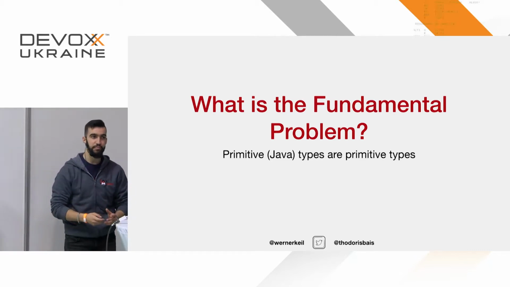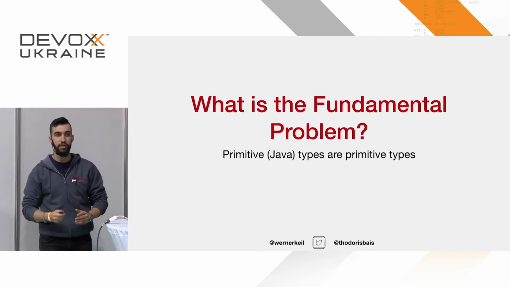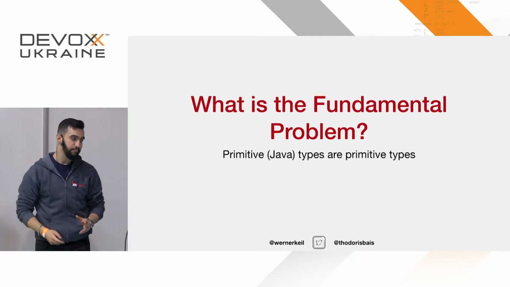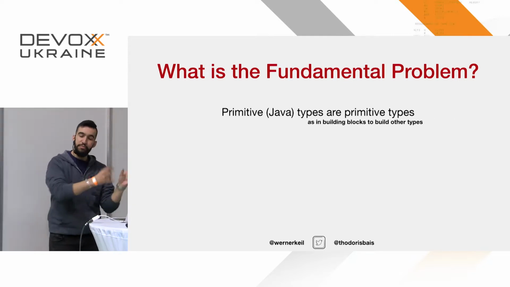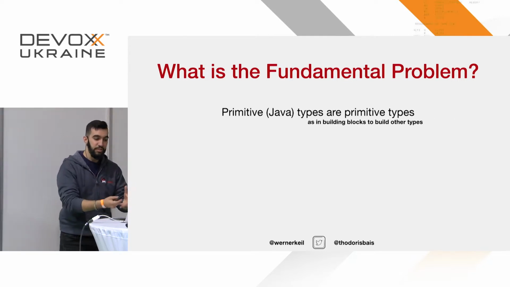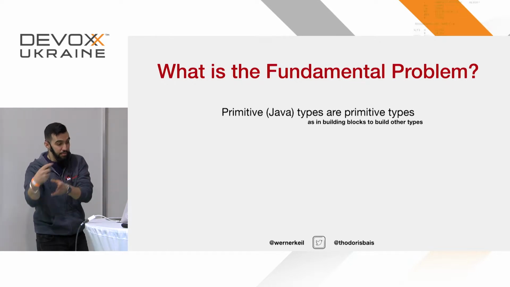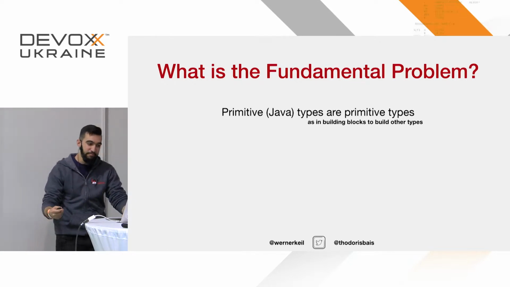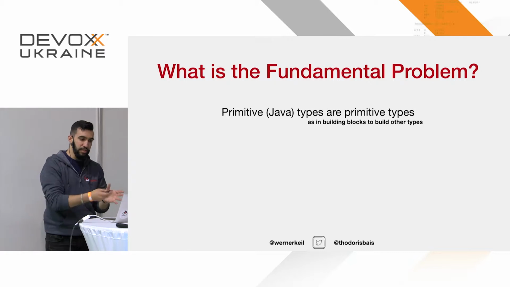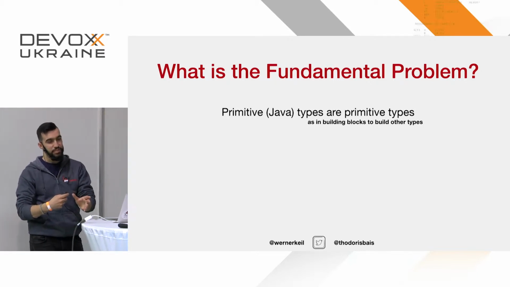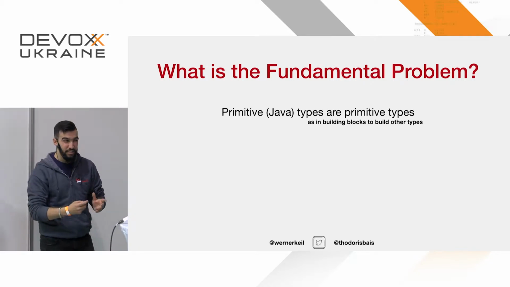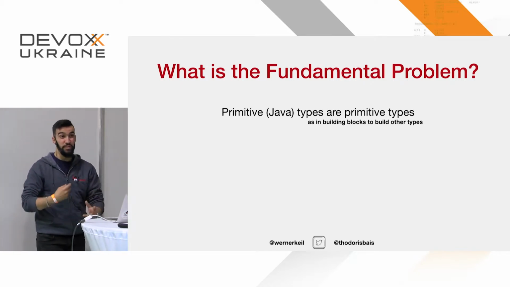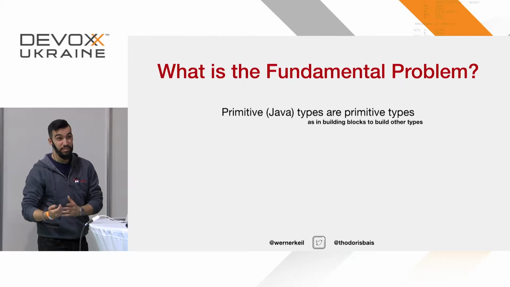It means they are not good enough to represent quantities. Let me say that once again: primitive Java types are just primitive types, as in building blocks to build other types. But then I'm just wondering, using a primitive to represent a quantity, how good is that? Isn't that fundamentally conflicting with OOP and DDD?